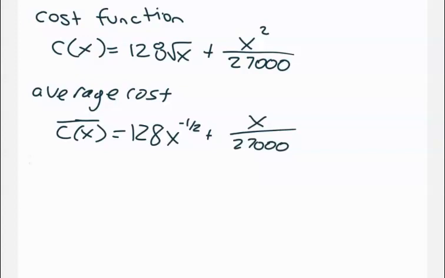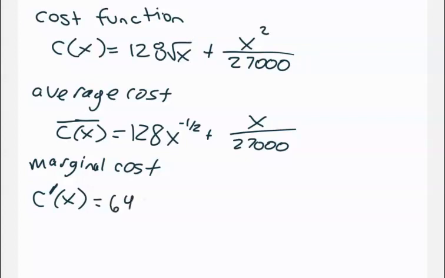All right, then they also asked a question about marginal cost. Marginal means essentially the slope of cost. How much does it cost to make the next unit? And if you want the slope of a function, that's the first derivative. And so in this one, we have 128x to the 1/2. So that's 128 times 1/2, which is 64, x to the negative 1/2.